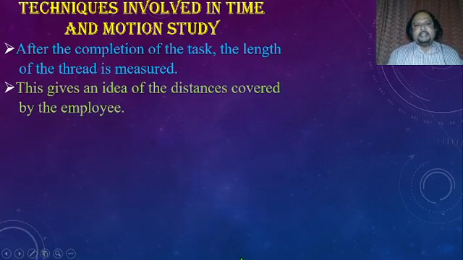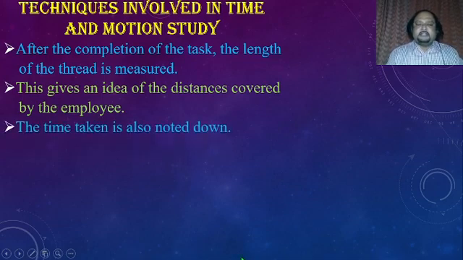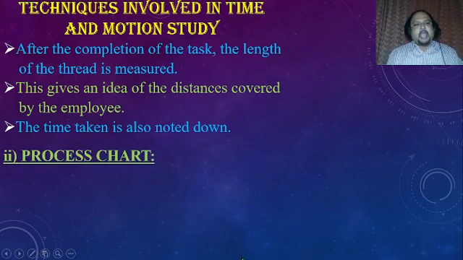This gives an idea of the distance covered by the employee, and the time taken is also noted down. So this is what happens in the first technique involved in time and motion study. Now let us understand the second process, which is the process chart.